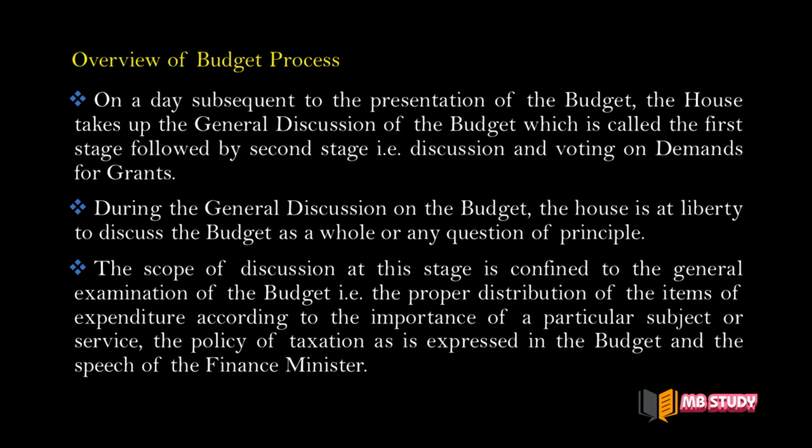The scope of discussion at this stage is confined to the general examination of the budget, that is, the proper distribution of the items of expenditure according to the importance of a particular subject or service, the policy of taxation as is expressed in the budget, and the speech of the finance minister.